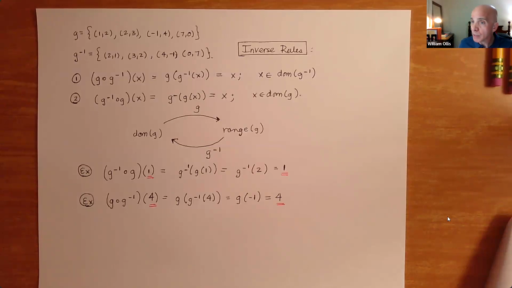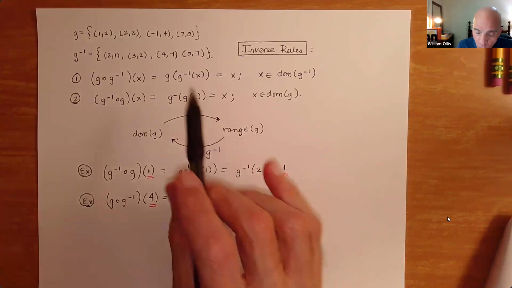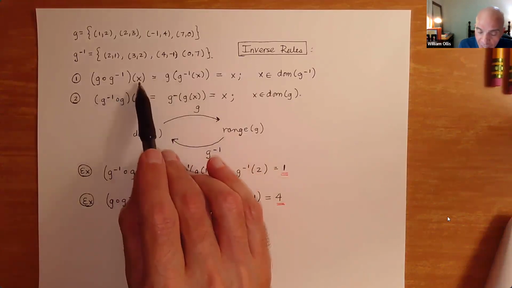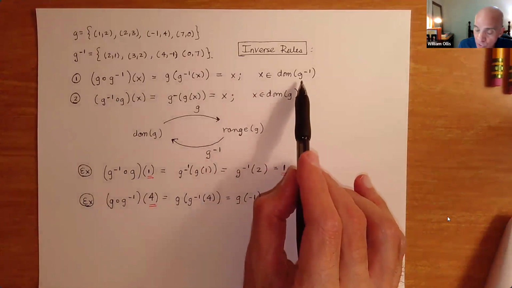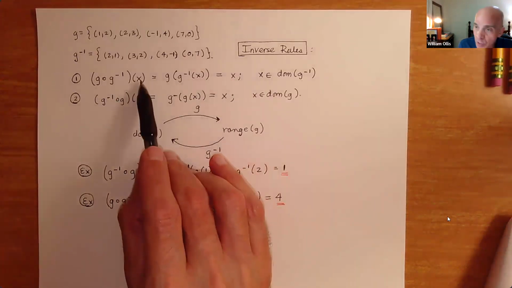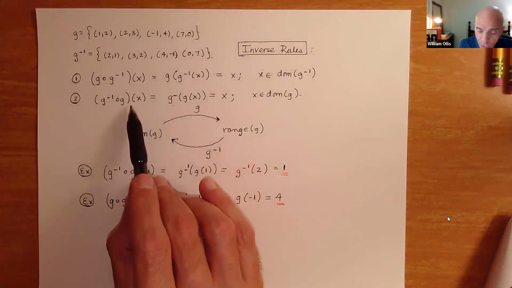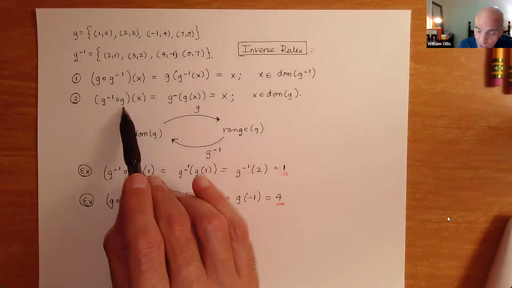But what's very important is that they have to make sense. So when we do this composition, we're starting with X in the domain of G inverse. So we must be sure that that is applied. When we do it in the other order, we're starting with X in the domain of G.